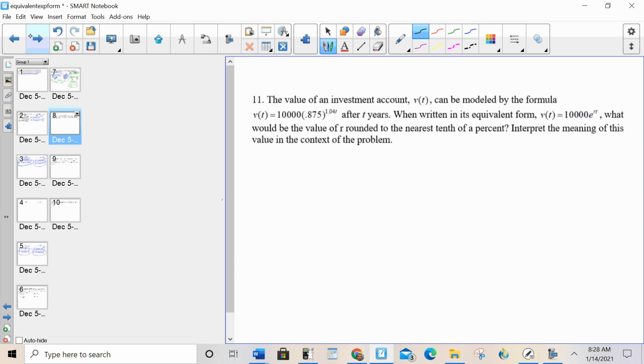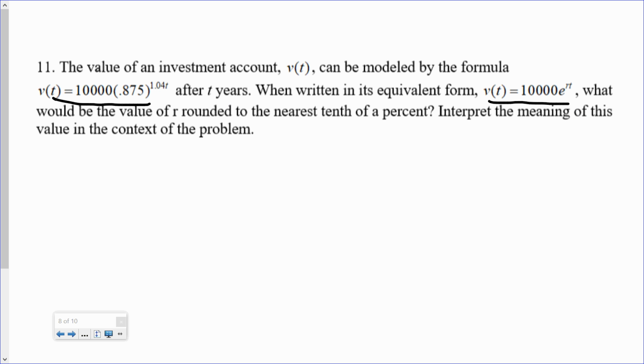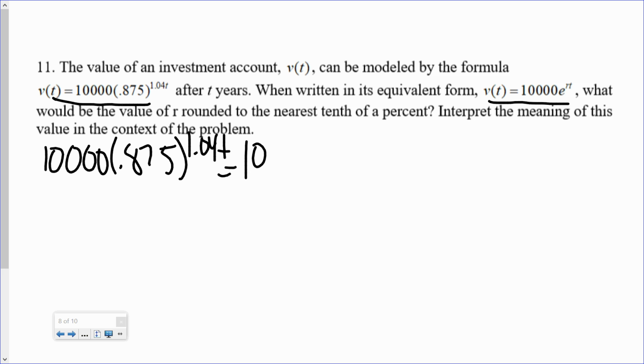Number 11, I've got v of t in this form. It wants v of t in this form. What would be the value of r rounded to the nearest tenth of a percent? So I've got 10,000 times 0.875 to the 1.04t equals 10,000 e to the rt.